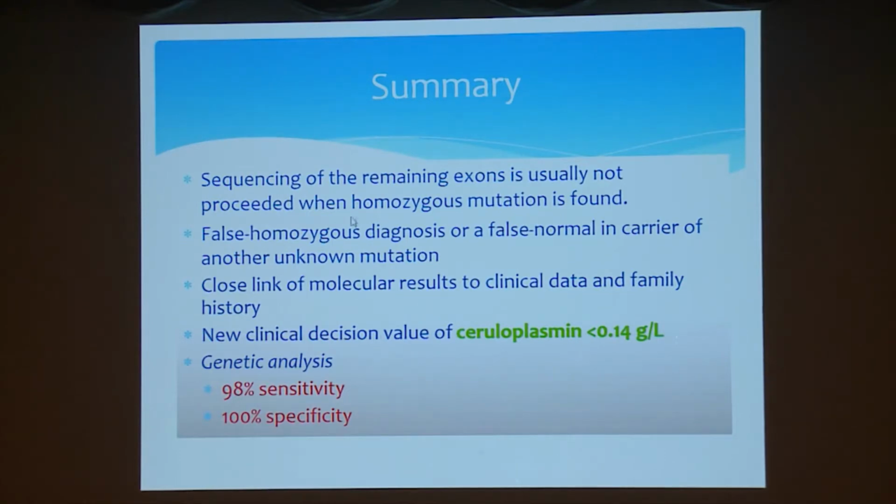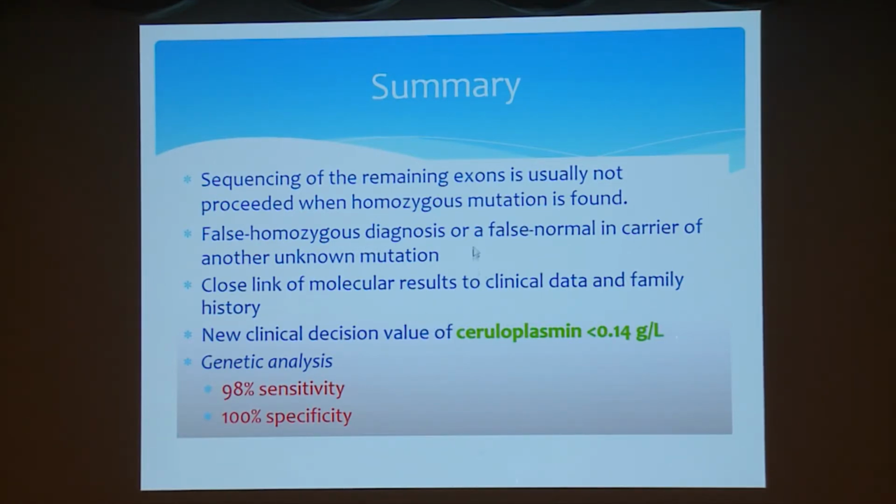So in summary, you can appreciate that sometimes the lab may just screen the exons by tier. They screen the common mutations first. If they find 2 mutations that are homozygous or common heterozygous, they will stop. So there is a chance of allele dropout leading to a false diagnosis, and it will be especially a problem if you use that false genetic data for family screening.